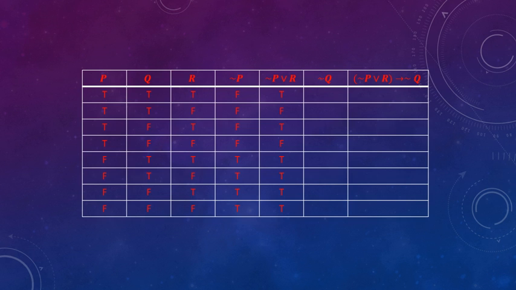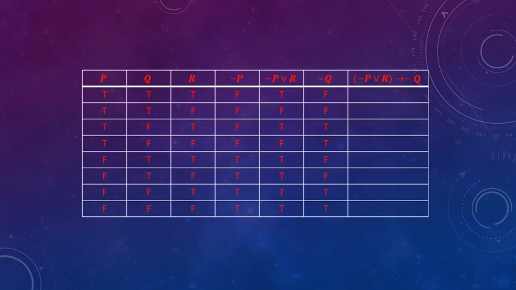The column for not Q, pretty easy, pretty straightforward. You're just switching the truth values of your Q column. So T's become F's, F's become T's. So that penultimate column, the one for not Q, goes FFTT, FFTT.